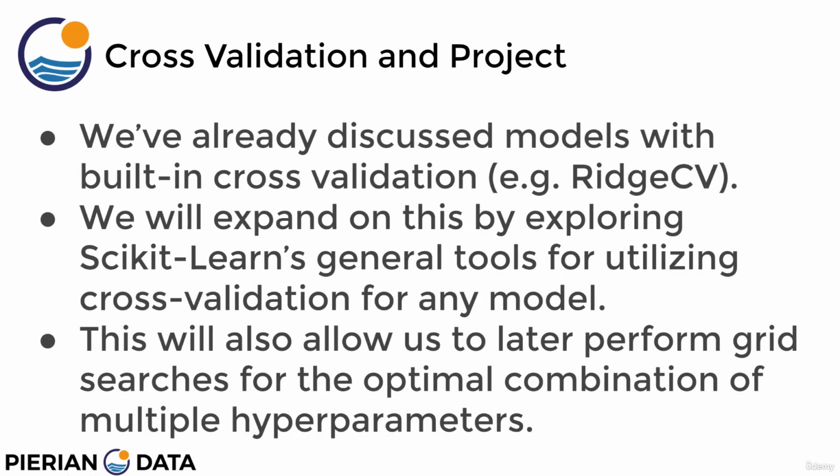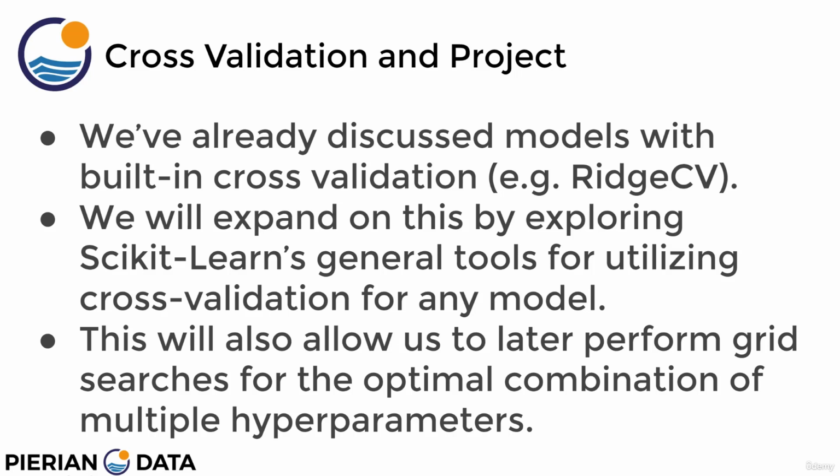So as I mentioned, we've actually already discussed models that have built-in cross-validation. That is something like when we imported RidgeCV. Now, RidgeCV already did cross-validation for us inside that model call. What we want to do is expand on this by exploring scikit-learn's general tools for utilizing cross-validation for any model. Not every single model is going to have this cross-validation method available for you as kind of a different subset of that class.